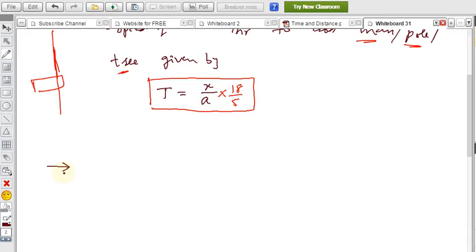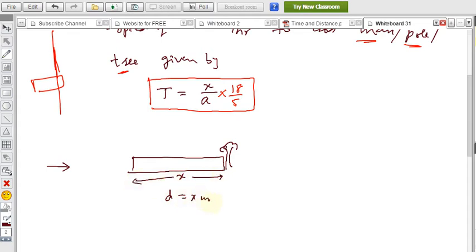The distance traveled by the train to cross a tree, man, or telegraph pole is nothing but the length of the train. The distance traveled by the train to cross a bridge or platform is the length of the train plus the length of the bridge. If a train is crossing only one tree, we can treat the length of the train itself as the distance. So if the train is x meters, then distance is equal to x meters.